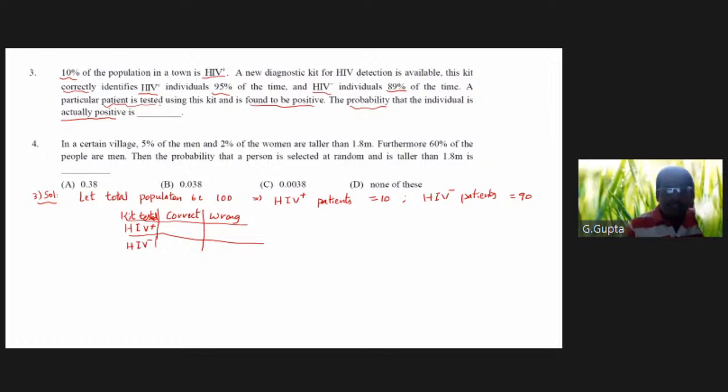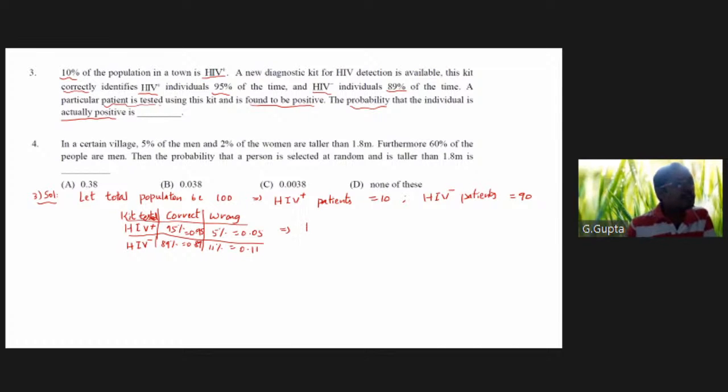The kit tests HIV individuals, that is patients, correctly how much? 95%, that is 0.95. Automatically wrong means the remaining 5% of total HIV patients, that is 0.05. HIV negative correctly is given as 89%, that is 0.89. The remaining 11% of HIV negative is wrong, that is 0.11. Take care.